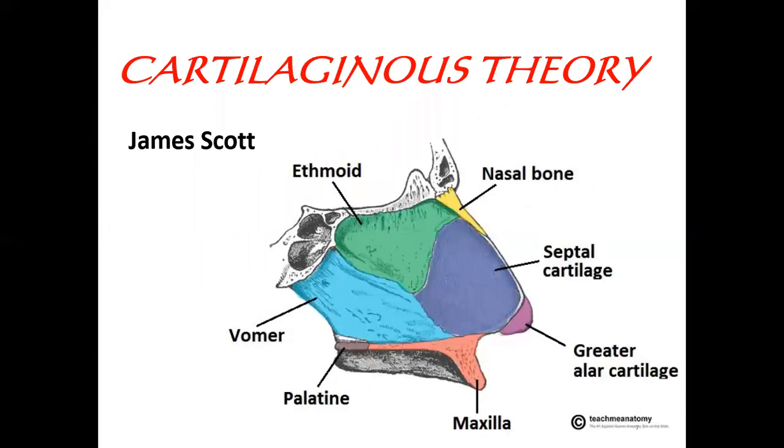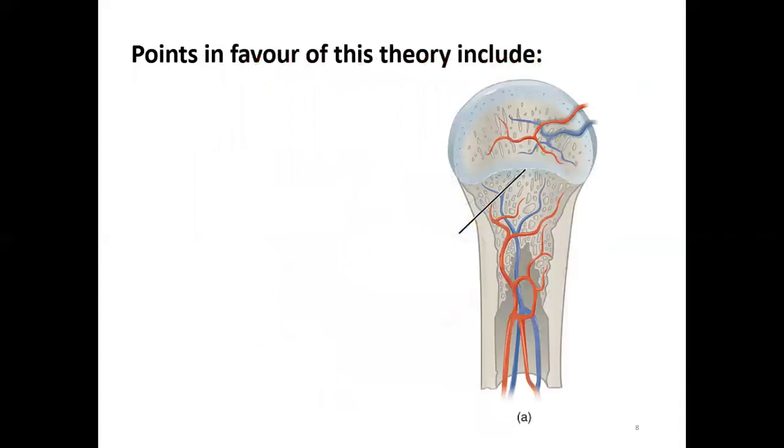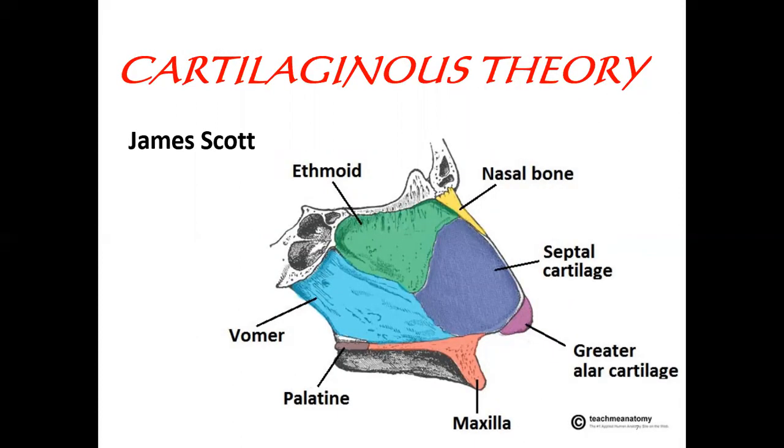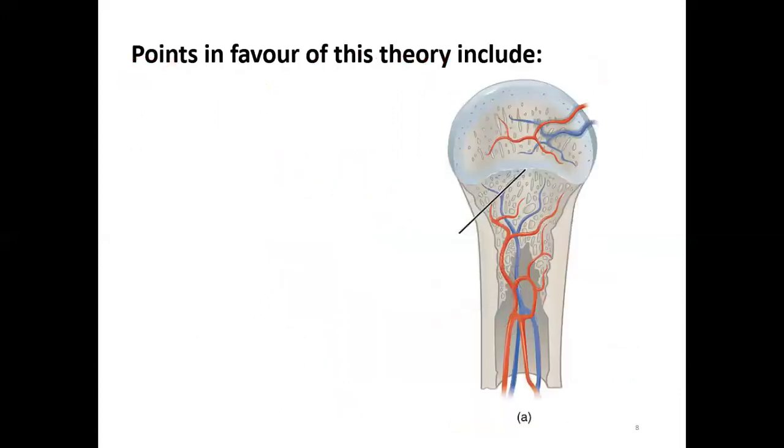Then comes the cartilaginous theory, which was introduced by James Scott. According to this theory, cartilaginous portions of the craniofacial region are the primary growth centers. The important cartilaginous points in the craniofacial region include the nasal septal cartilage, and in the mandible the condylar cartilage.